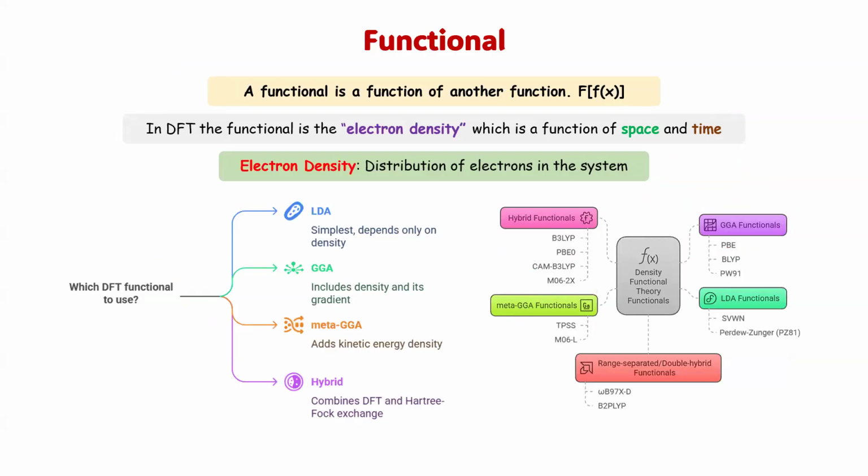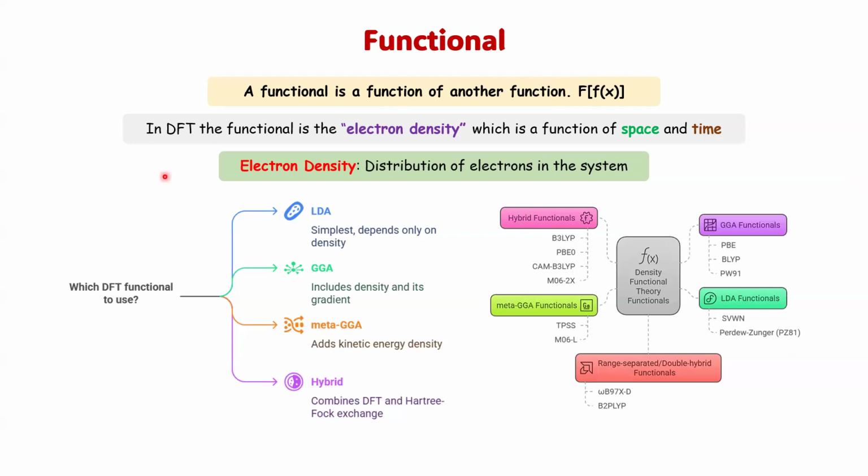So a functional is a function of another function. Very simple. You can tell it like F of f of x. So f is one function, and x is another function; this small f is the function of this capital F. In simple terms, a functional is an equation or algorithm that tells you how to calculate the energy of your system by using the electron density.